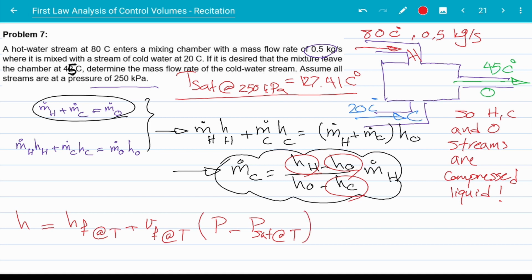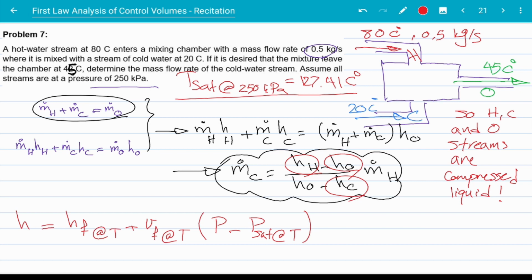Now all other properties can be approximated with the same property at saturated liquid at the given temperature, but for enthalpy it is usually suggested to use this equation to approximate better.